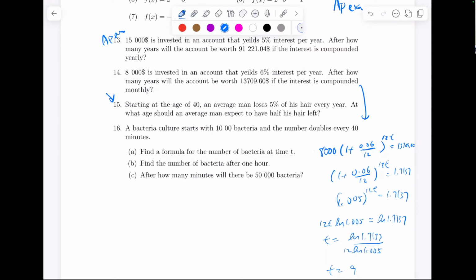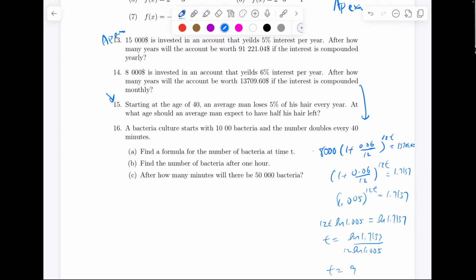So how would I do this problem then? I think the principle would start there.